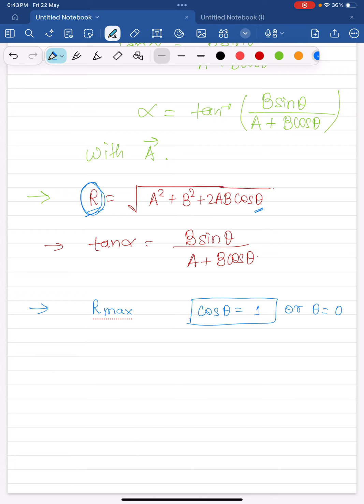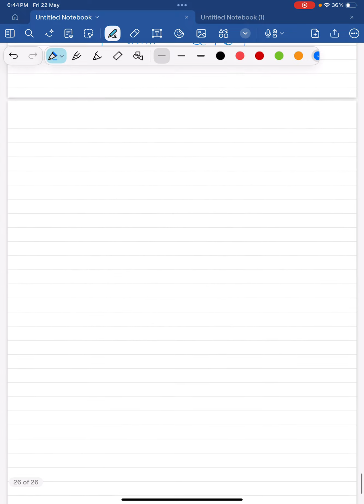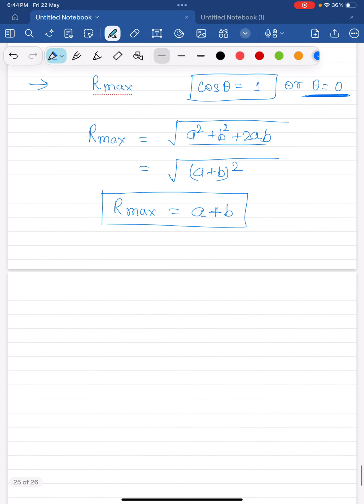So if theta is 0 degree, it means the angle between vector a and b is 0 degree, then the resultant of both vectors will be maximum, which will be equal to root over a square plus b square plus 2ab, and we can write this as root over a plus b whole square. So the maximum value of resultant will be equal to a plus b. It means the maximum value of resultant will be equal to the sum of magnitudes of both vectors.